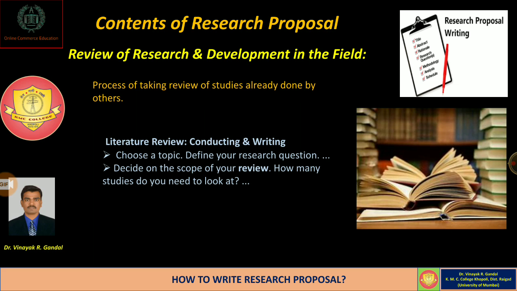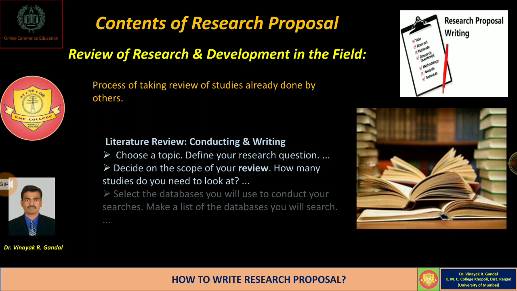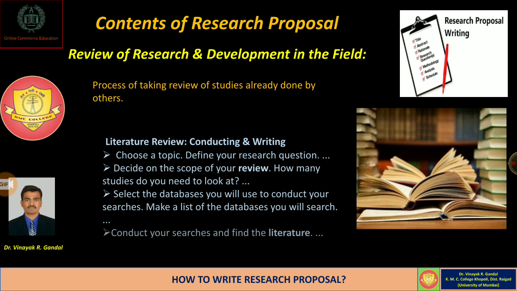Whatever studies have been undertaken in the research field, the researcher has to consider. The researcher is also required to select some databases for conducting searches, and to make a list of studies or researches that have been undertaken earlier by other researchers.